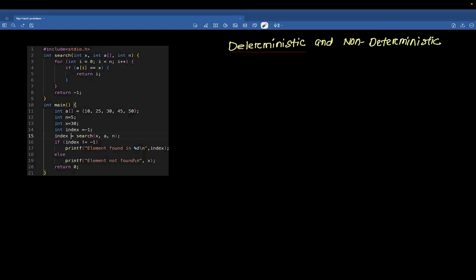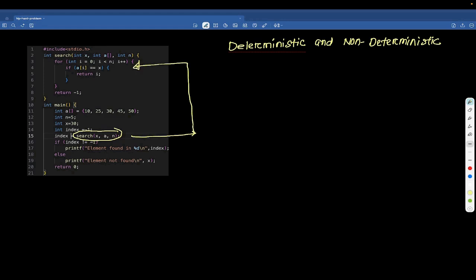Now the time complexity of this algorithm is mainly dependent on the search function. So when we want to compute the time complexity, actually we compute the time complexity of this search function, which is order of n. This is the time for linear search.